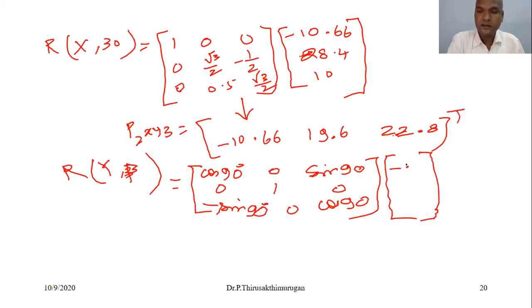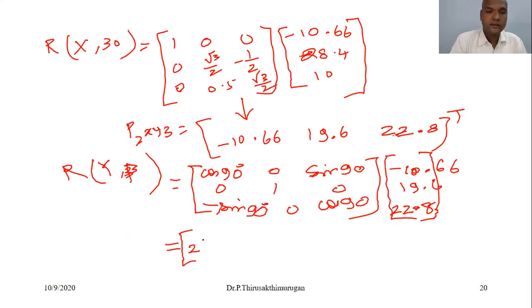minus 10.66, then 19.6, then 22.8. Tell me the final position of the frame robo. 22.8. 19.6. 10.66.